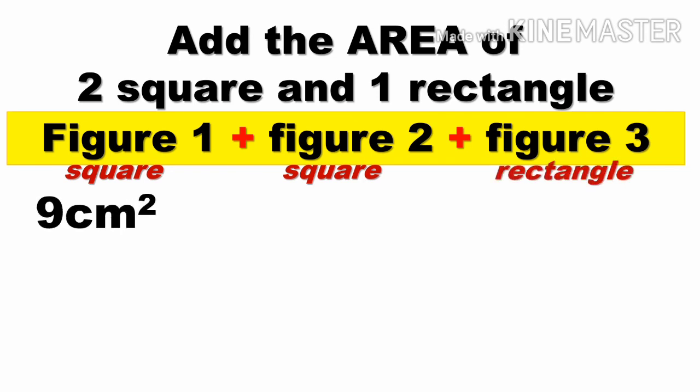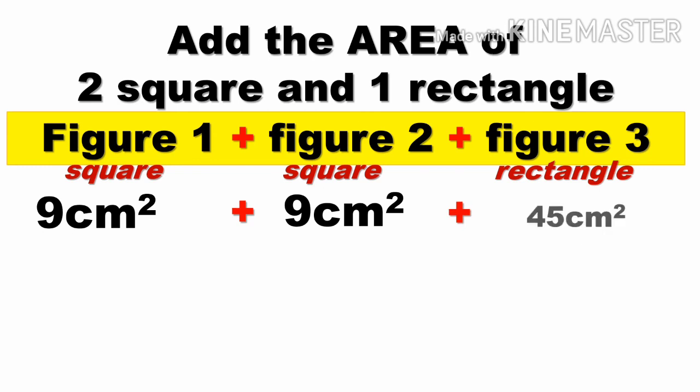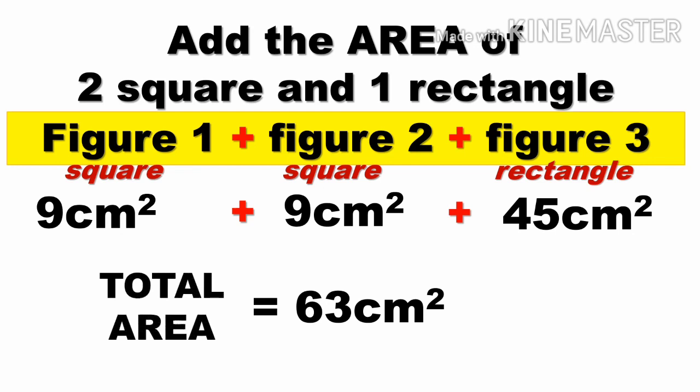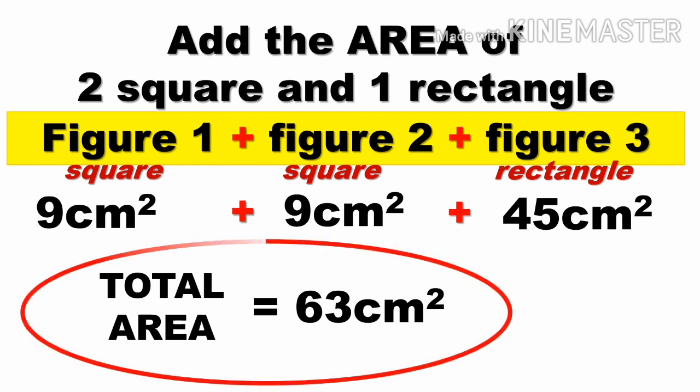The area of the first square is 9 square centimeter plus the area of the second square is 9 square centimeter plus the area of the third figure, which is a rectangle, is 45 square centimeter. Then we add 9 square centimeter plus 9 square centimeter plus 45 square centimeter. The answer is 63 square centimeter. And that is the total area of the given irregular figure or irregular shape.